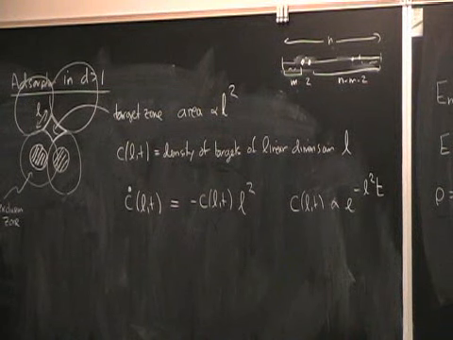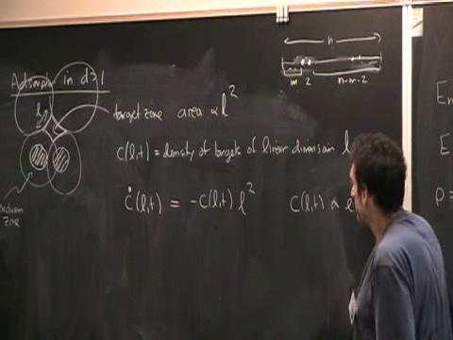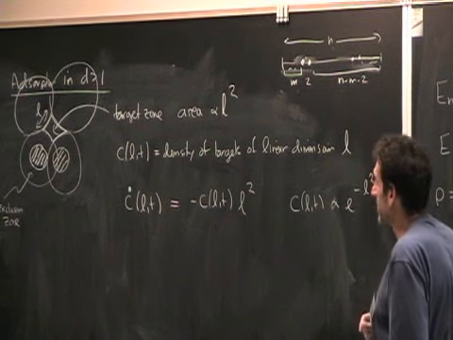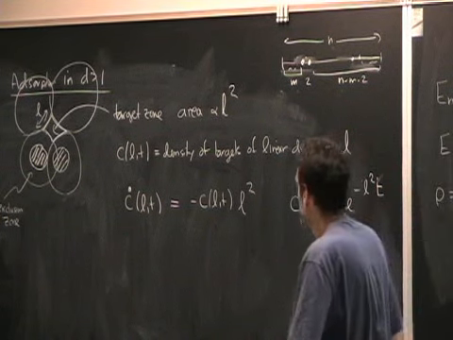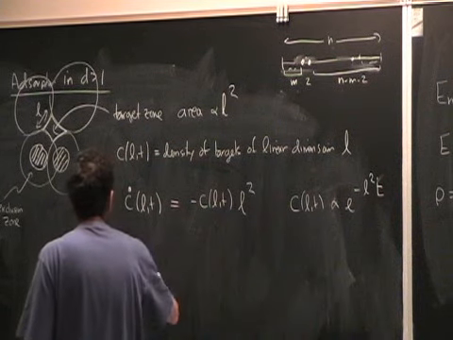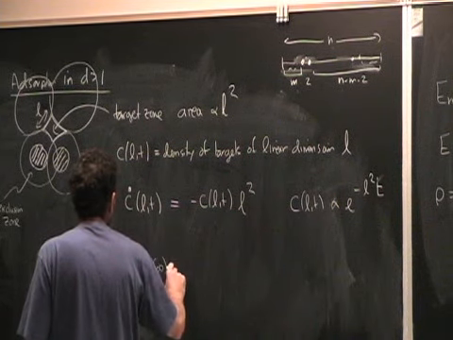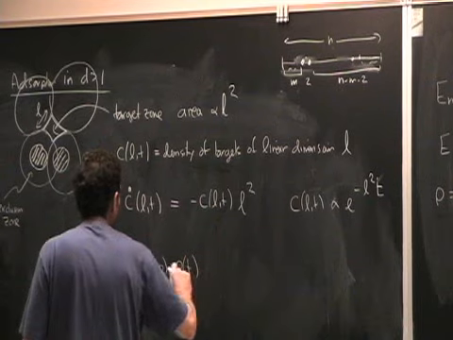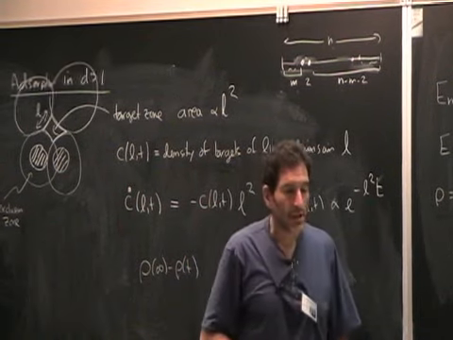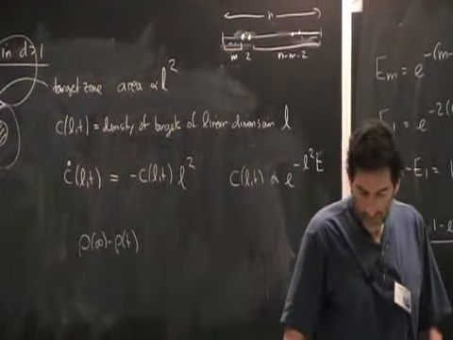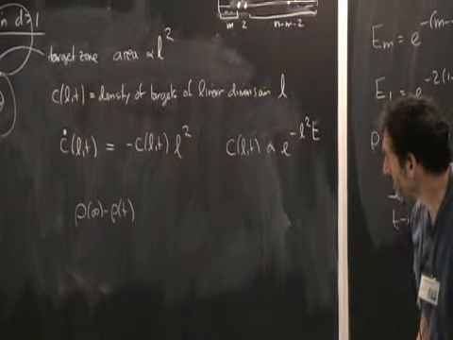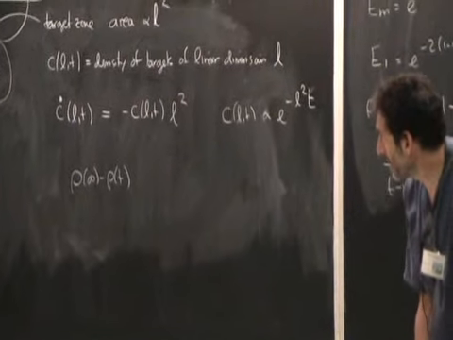But the crucial point is that there are target zones of all possible L's available, and that's what's going to end up giving power law decay for the density. So now let's look for the equation for rho infinity minus rho of t. How does this evolve with time?